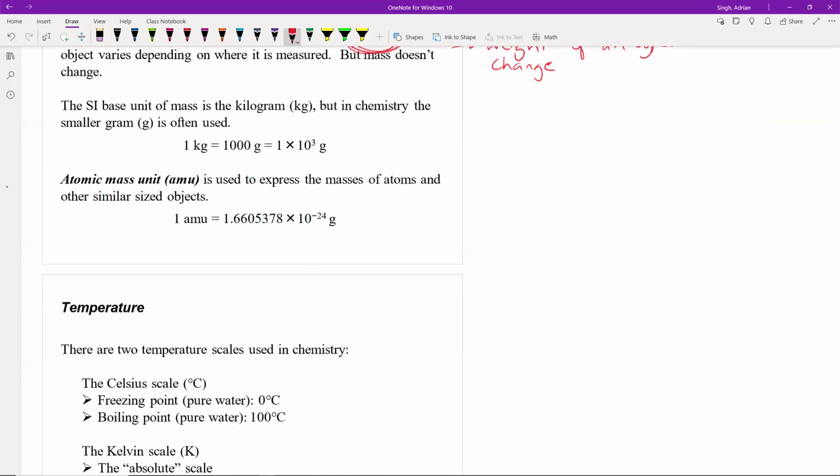And 1 AMU is a very, very tiny fraction of a gram. So 1.6 times 10 to the negative 24 grams is about the size of an AMU. And we use that a lot when it comes to looking at atoms, molecules, and subatomic particles as well.